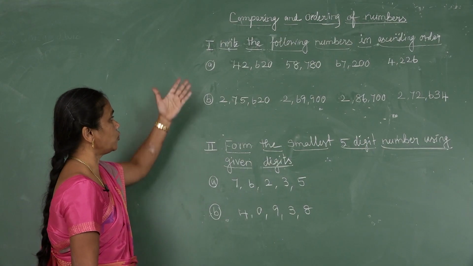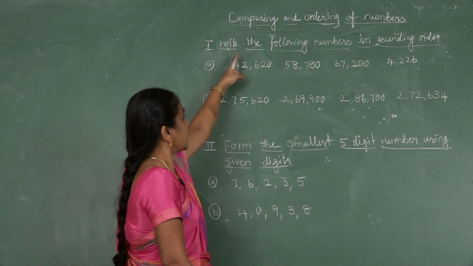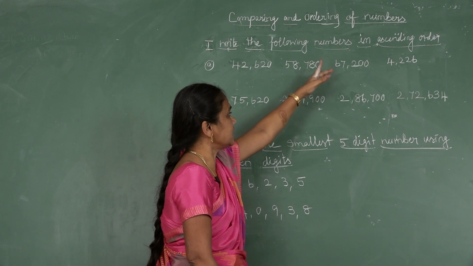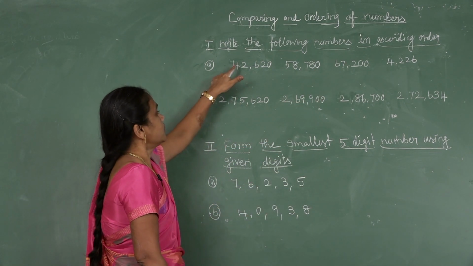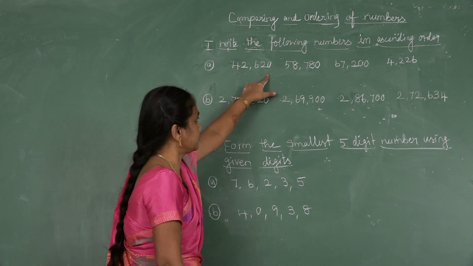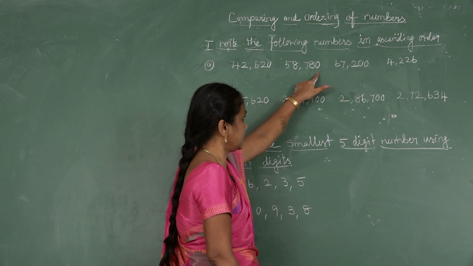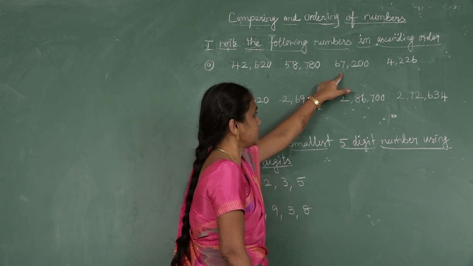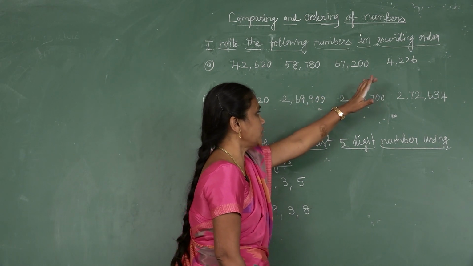This is your homework today. The first one is to write the following numbers in ascending order. 42,620, 58,780, 67,200, 4,226.